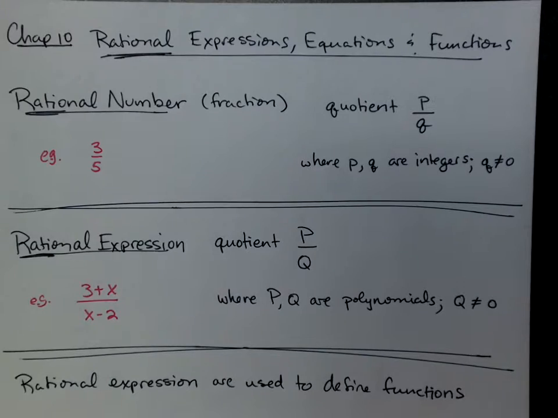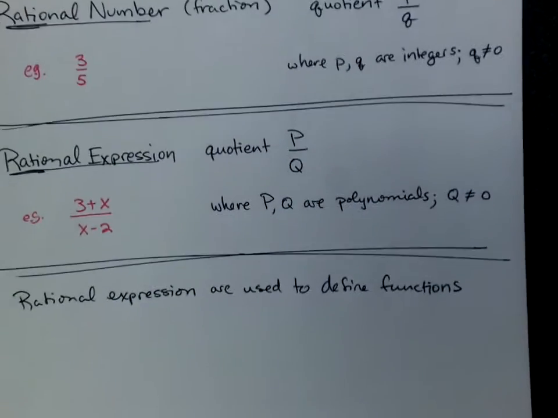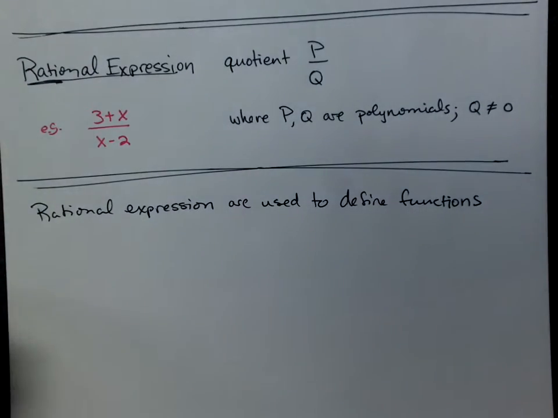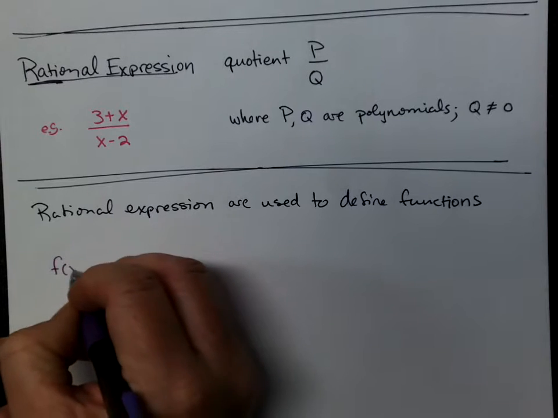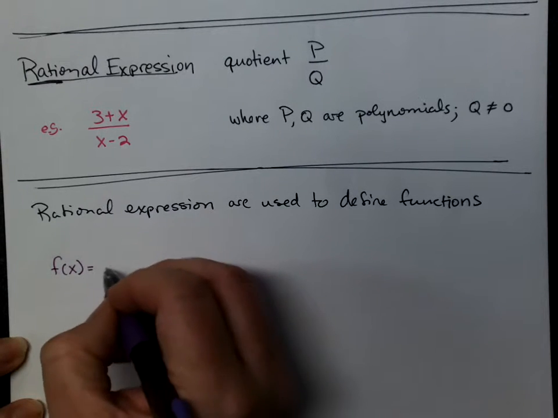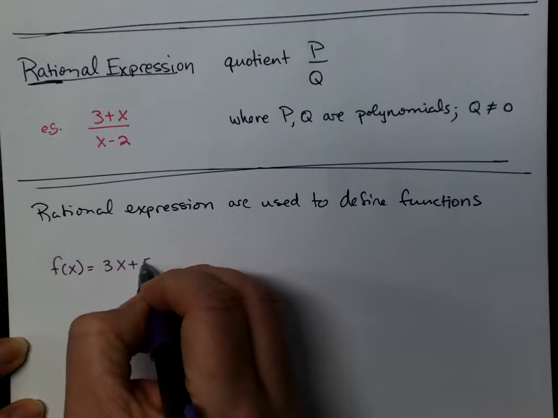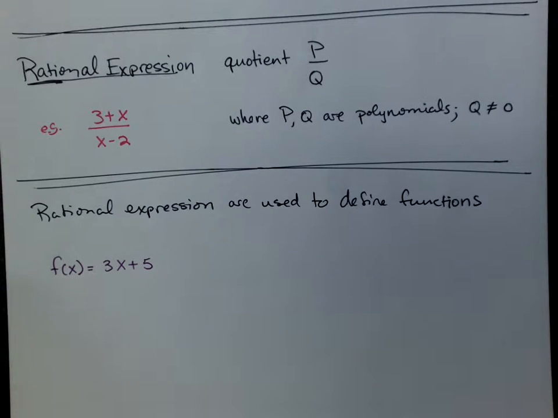Okay, so we're coming back to the idea of functions. Now, some functions we're already familiar with working with. Let's say f of x is equal to 3x plus 5. That's the same thing as saying y equals 3x plus 5.